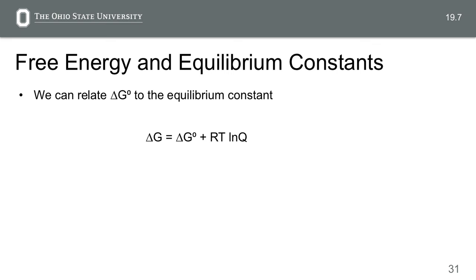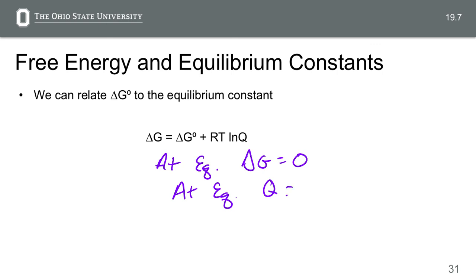We can relate this to any value of our equilibrium, and we recall that at equilibrium, delta G equals 0. Free energy doesn't change. Also at equilibrium, Q is equal to K. All right.